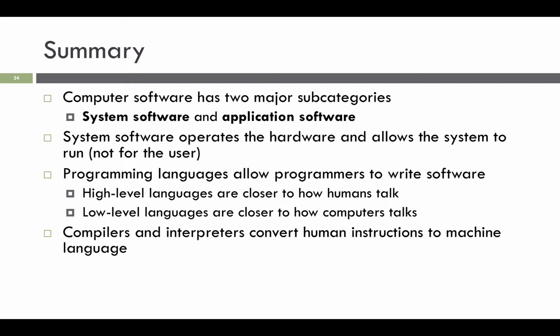These programming languages are classified either as a high-level or low-level language. High-level languages are closer to how humans talk. Low-level languages are closer to how computers talk. Compilers and interpreters are programs that convert human instructions to machine language.